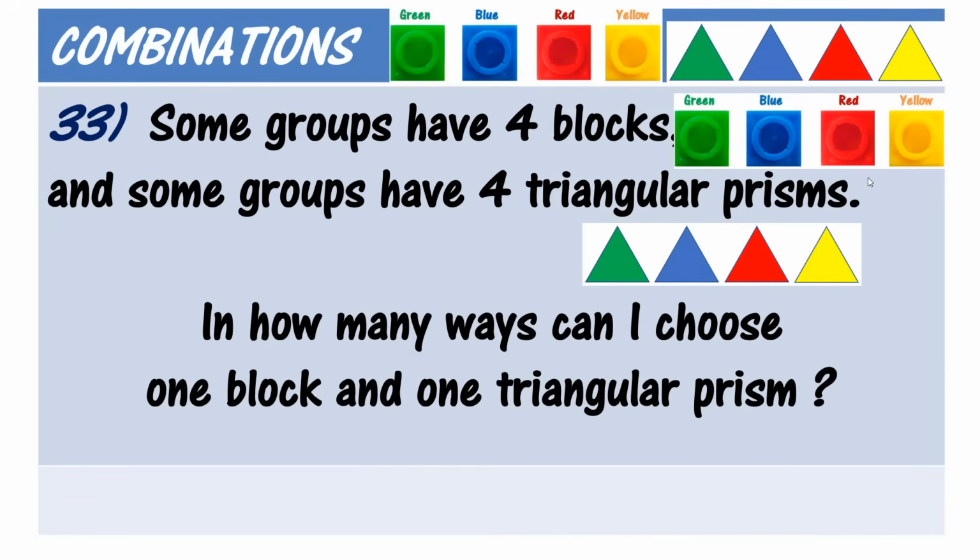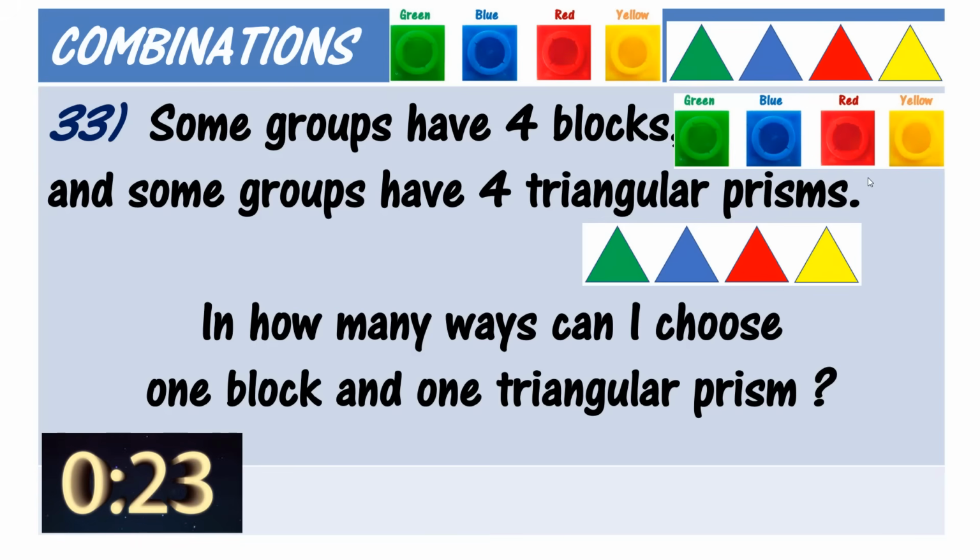This last question is about choosing pairs. Now, some groups in my workshop have blocks and others have triangular prisms. I ask, how many ways can I choose one block and one prism?